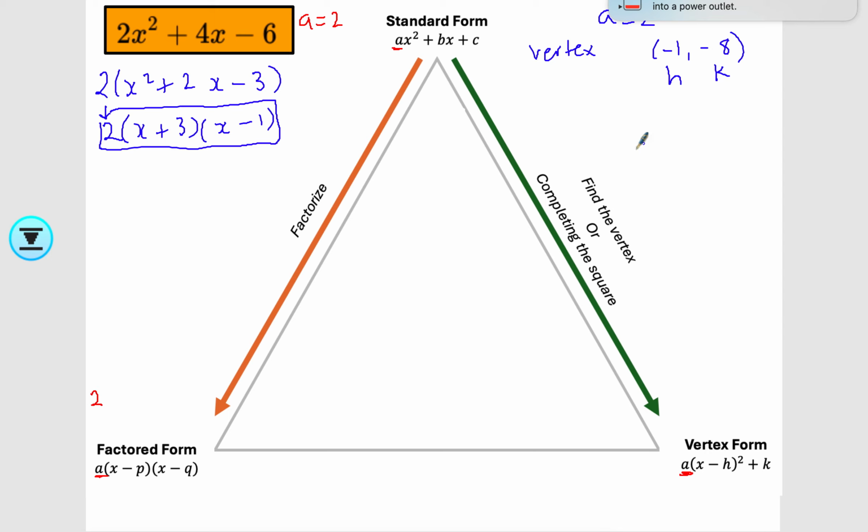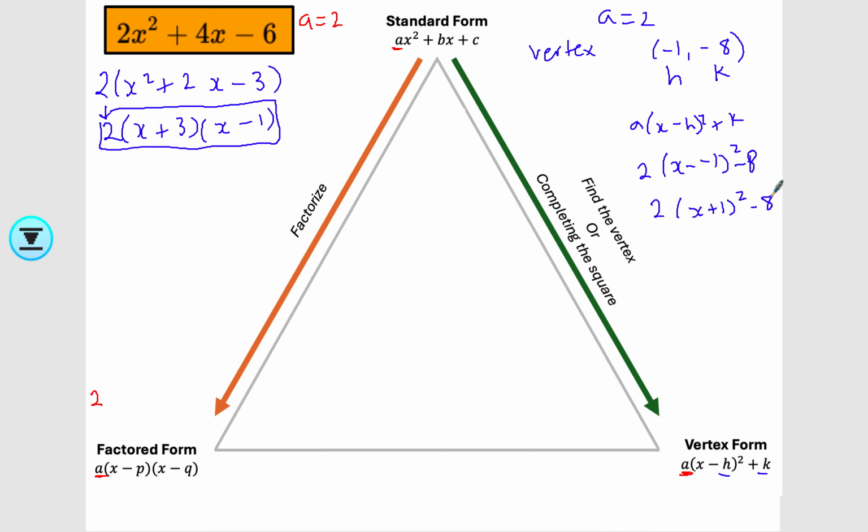I can just directly plug in the values a, h, and k exactly where those letters are in vertex form, a(x minus h) squared plus k, so 2(x plus 1) squared minus 8.